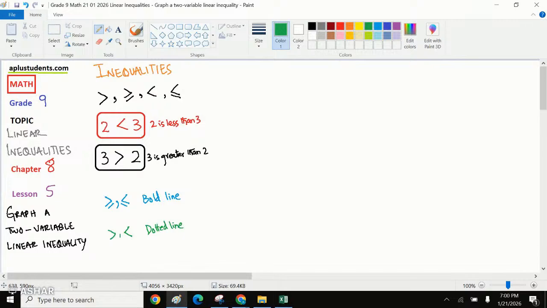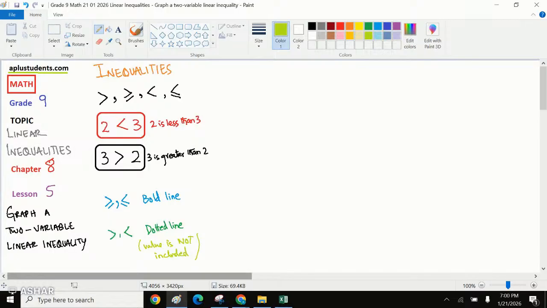A dotted line represents that that particular value is not included, whereas a bold line will show that that particular value is included, right?